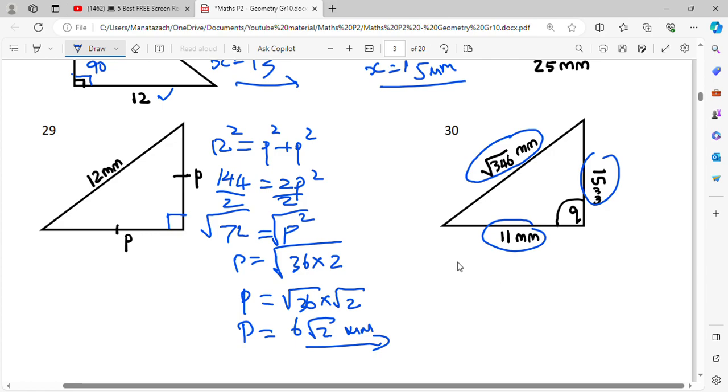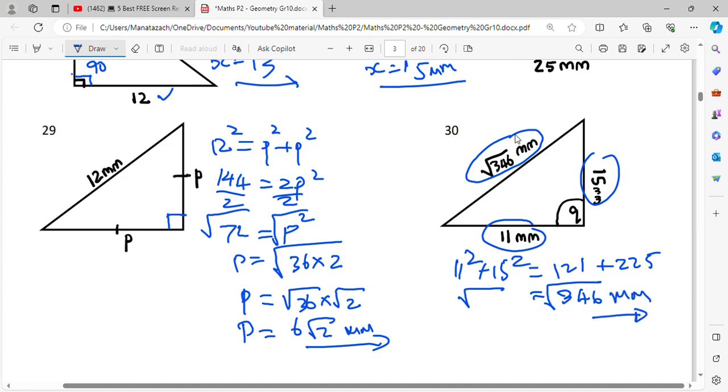So now let's test. 11 squared plus 15 squared is equal to, so 11 squared is 121, 15 squared is 225, so you'll get 346, right? So if you put a square root sign on both sides, you'll find that it's equal to that side there. So you can conclude that therefore Q is 90.